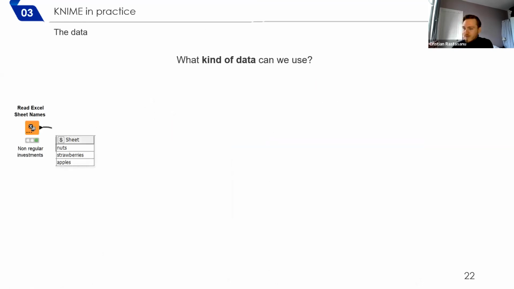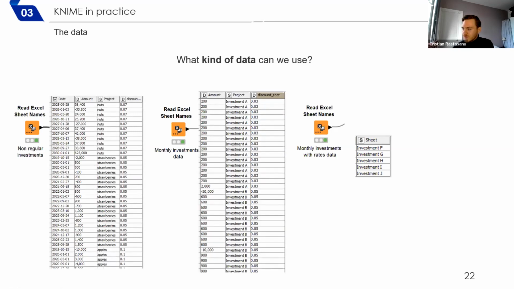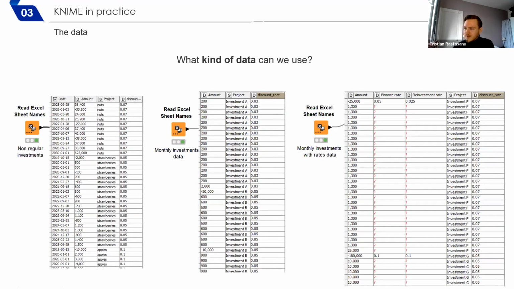What kind of data do we have? We have the data about the non-regular investments, the monthly investments data, and the monthly investment data with the rates. So that's the non-regular investments, the regular investments, and the random financial investments that we discussed in the business case. Just to be clearer, we have this data.